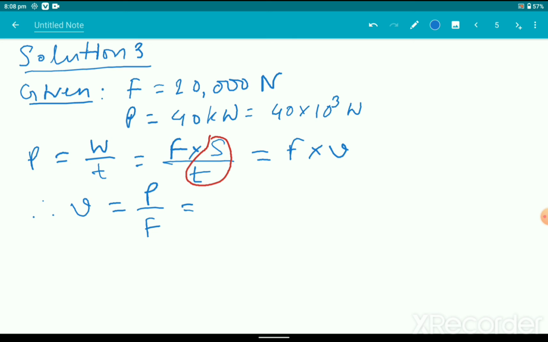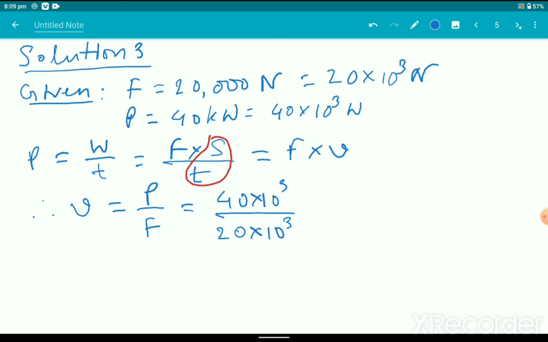So power is 40 into 10 to the power 3 by force, which I can write as 20 into 10 to the power 3 Newton. There are 3 zeros after 20. So this cancels out, the remaining is 2. So the velocity is 2 meter per second.